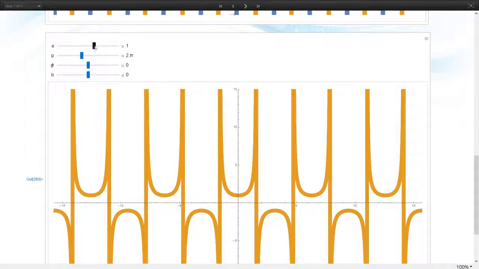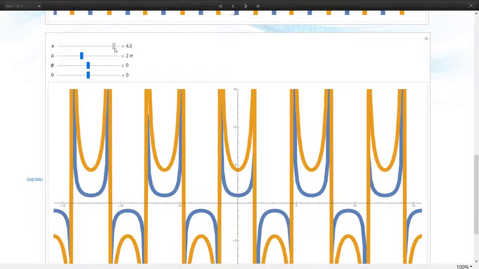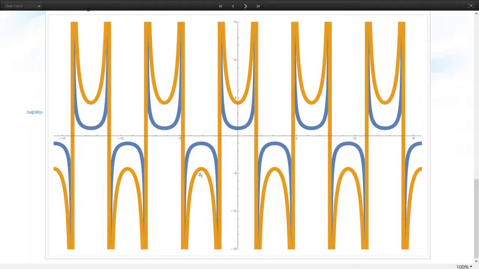And we can watch these. Notice the amplitude is going to change. It's kind of weird to think of this as an amplitude, but the vertical distance between these lowest points and these highest points is equal to twice the amplitude. So the distance from this lowest point on this chunk of the graph to the midline is the amplitude.